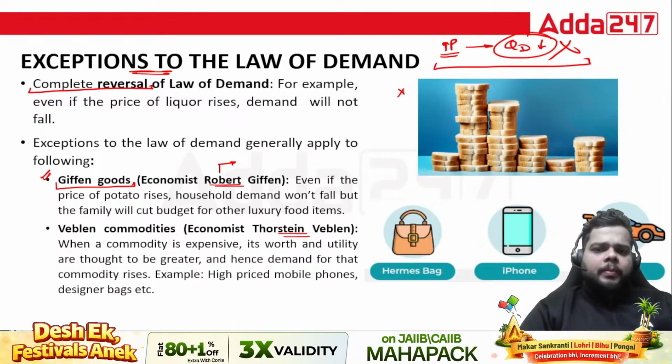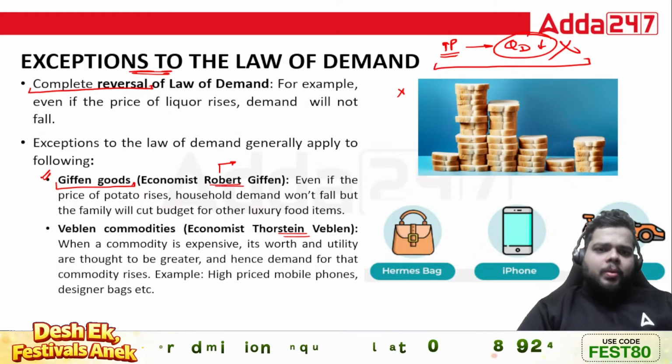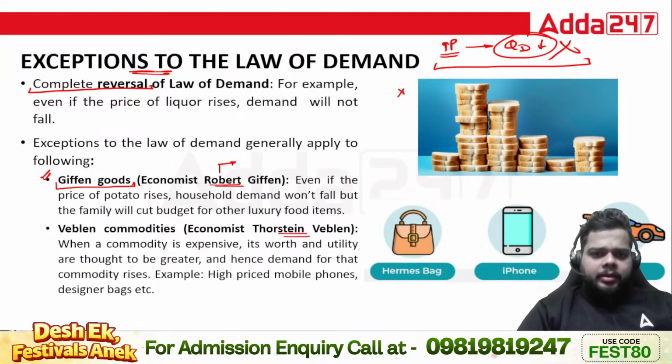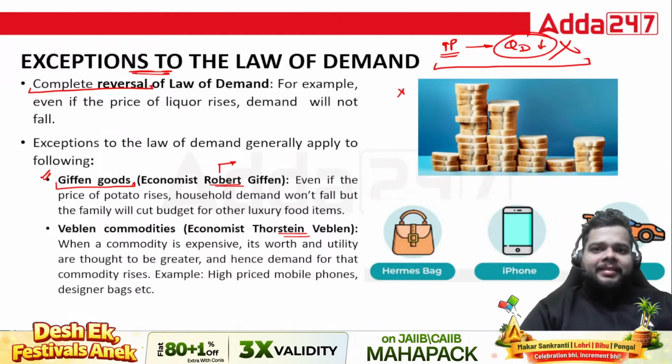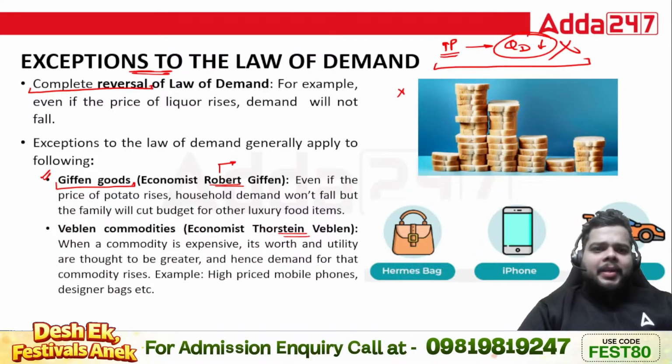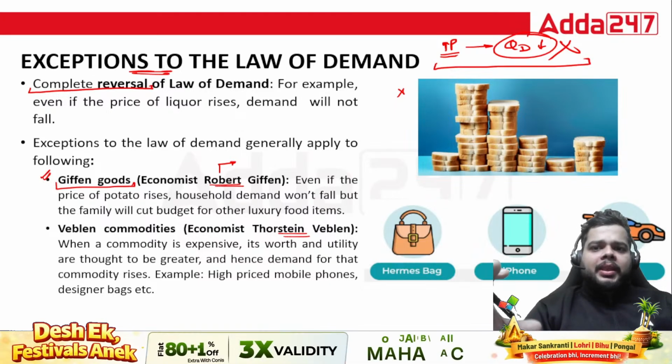They are more dependent on potatoes. So once during his young age, there was a dearth of potatoes, and prices were shooting up, and ultimately, being an economist, Robert Giffen figured out that now, since the prices are high, demand will be lower.